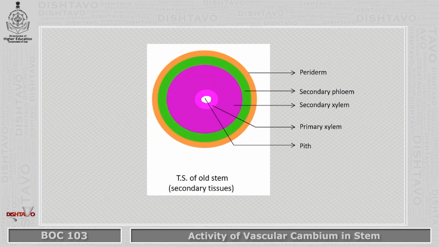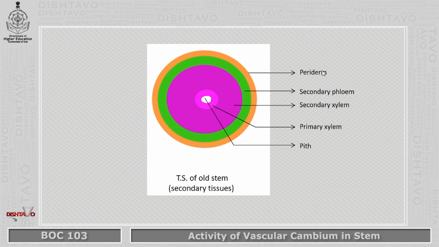So, as secondary growth advances, the outermost layer which was earlier epidermis is replaced by a new protective layer called periderm. Endodermis, pericycle as well as primary cortex disappear. This periderm layer is followed by secondary phloem.